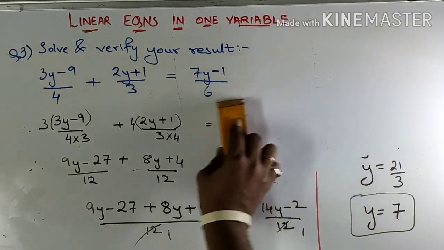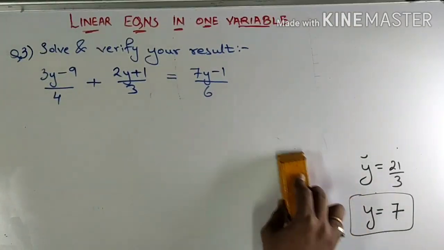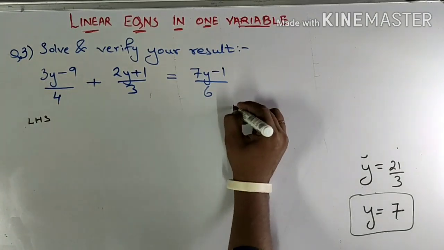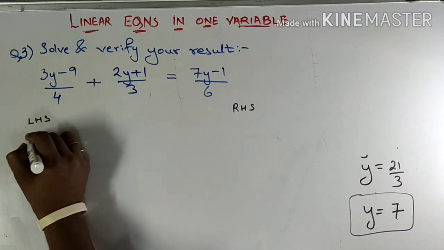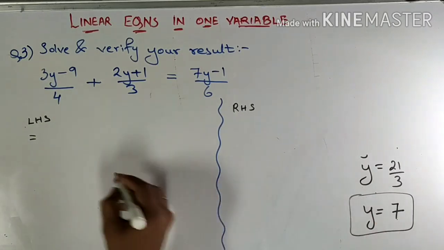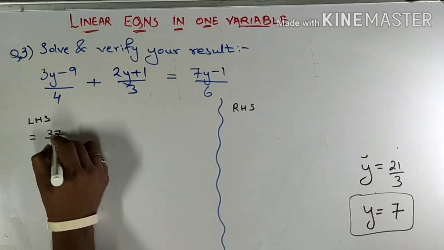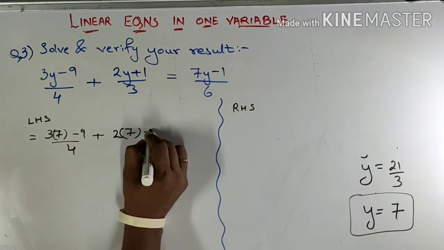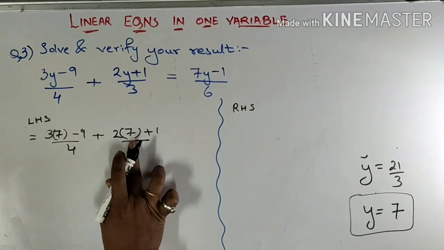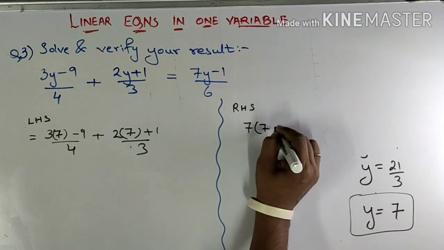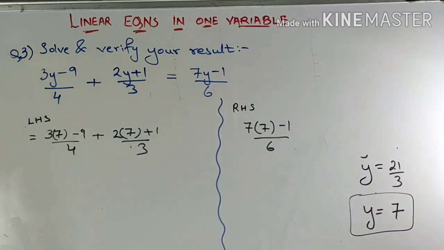So let's begin substituting the value of 7 in the LHS first, then RHS. So LHS, (3 into 7 minus 9) upon 4 plus (2 into 7 plus 1) upon 3. And what is my RHS? (7 into y, that is 7, minus 1) upon 6.